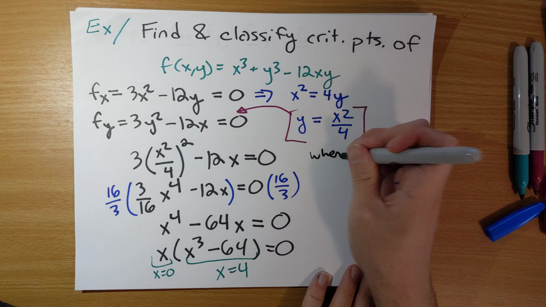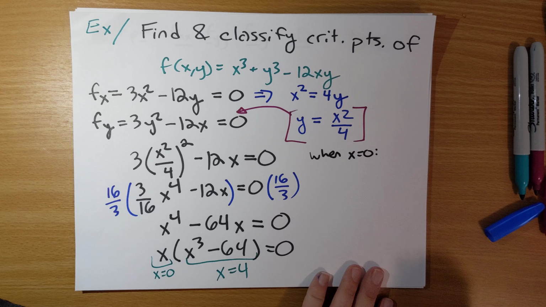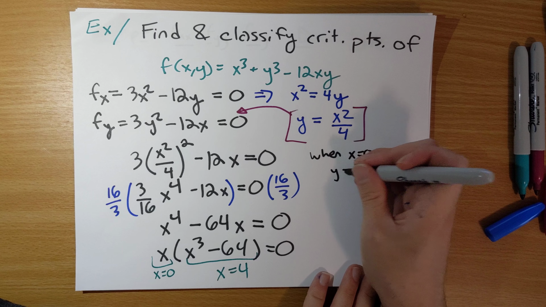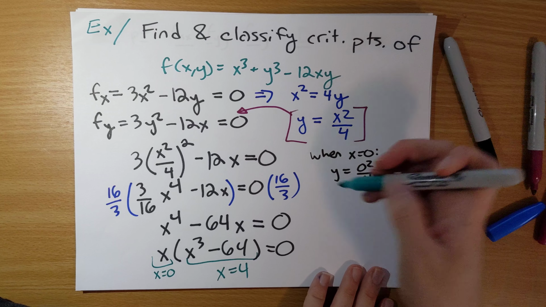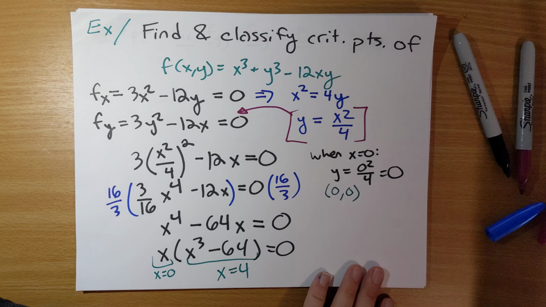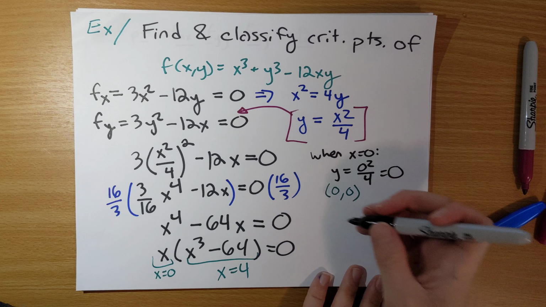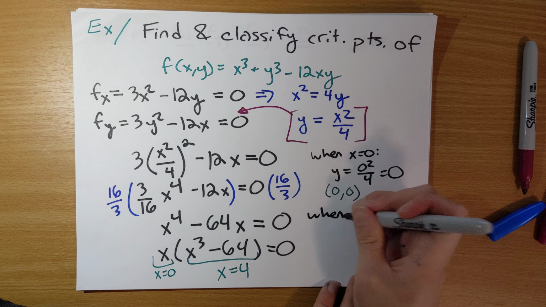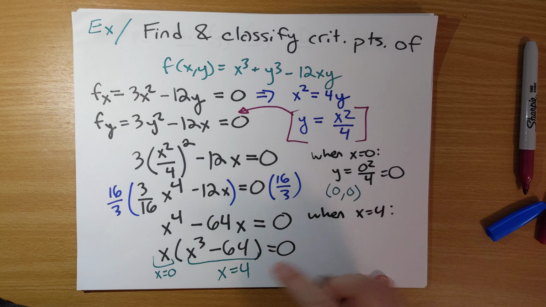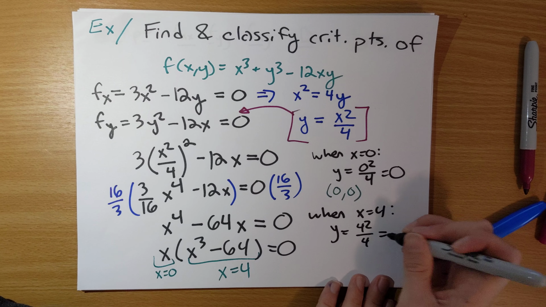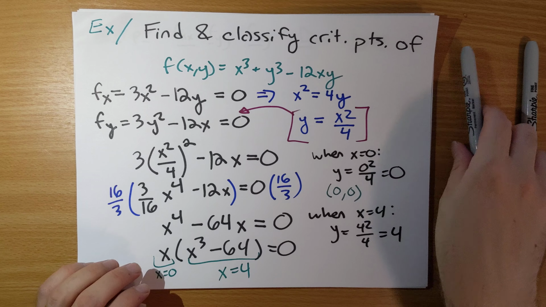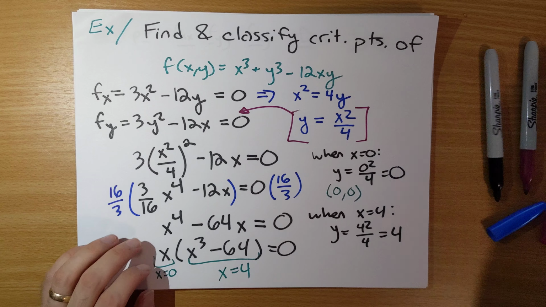So, when x is equal to 0, we have y is equal to 0 squared over 4, which is 0. So one point here is (0, 0). Now, when x is equal to 4, what is y? y is 4 squared over 4. y is equal to 4. And so that gives us a point of (4, 4).